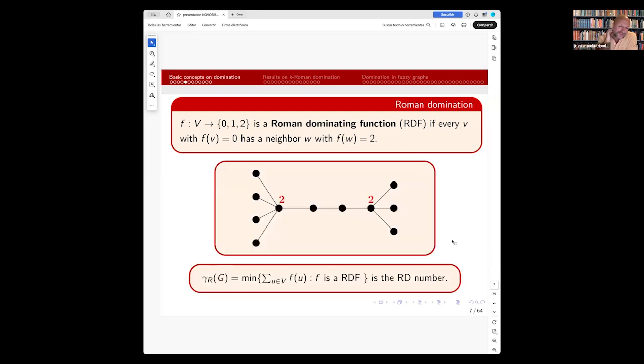This is the same as saying that the set of vertices with a positive label is a dominating set in the graph. The set of vertices having labels 1 or 2 must dominate the graph. Of course, the minimum weight of such a function is known as the Roman domination number of the graph, and it is also a very well studied parameter.